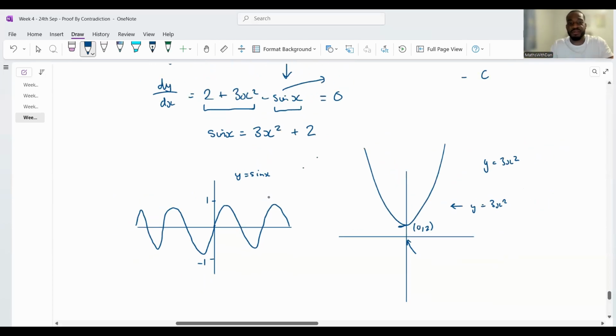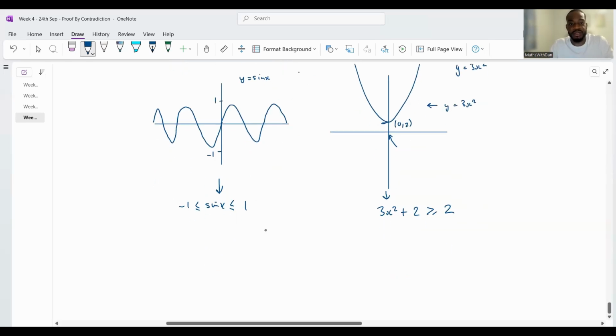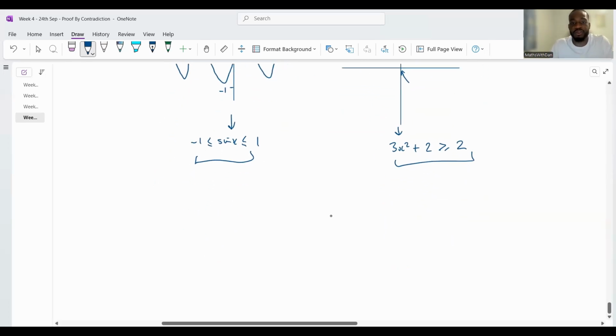So what I can say from there is that sine x ranges between -1 and 1, and 3x squared plus 2 is greater than or equal to 2. These can't match up, can they? Because if I was to put them on the same graph, let me draw a bit neater.